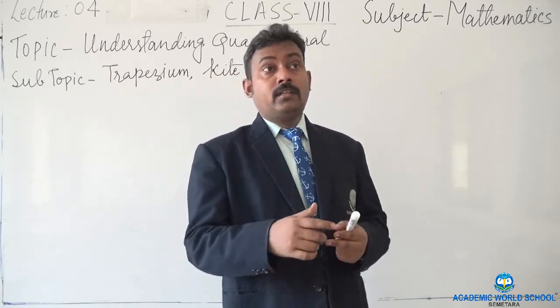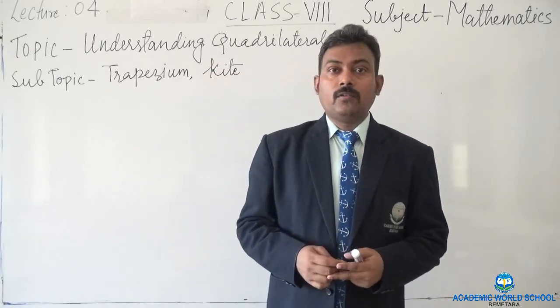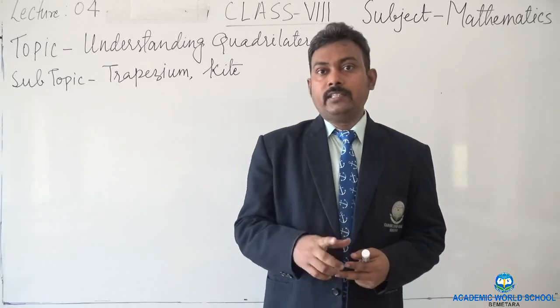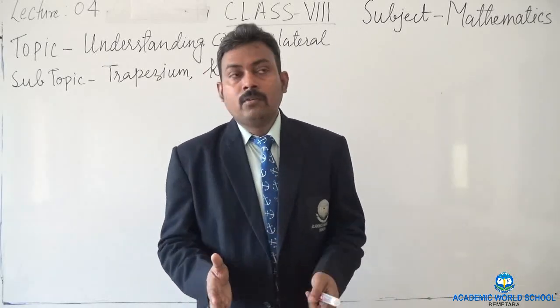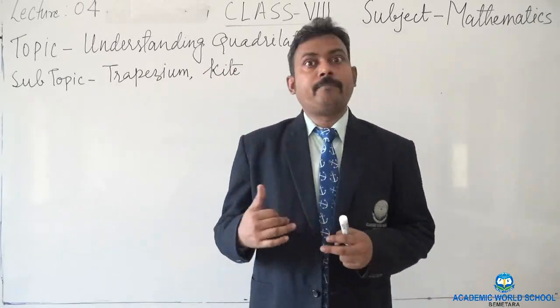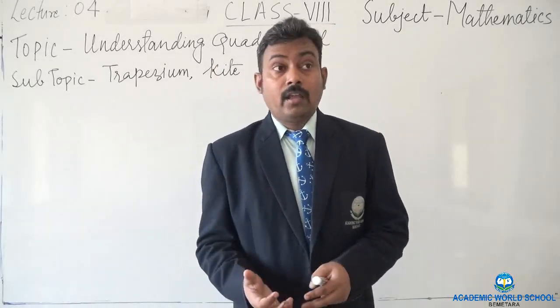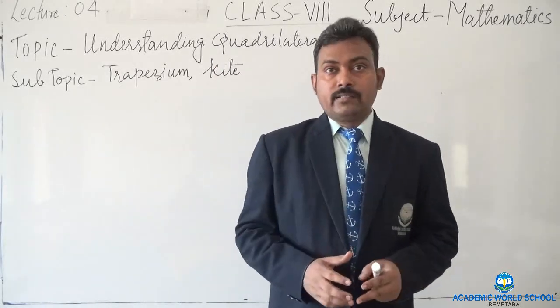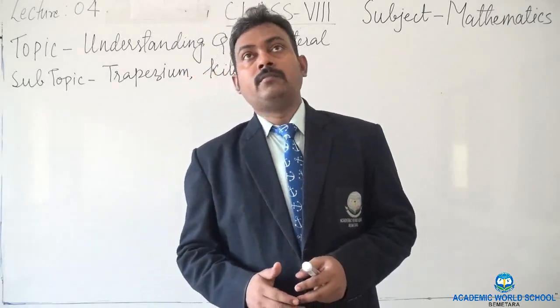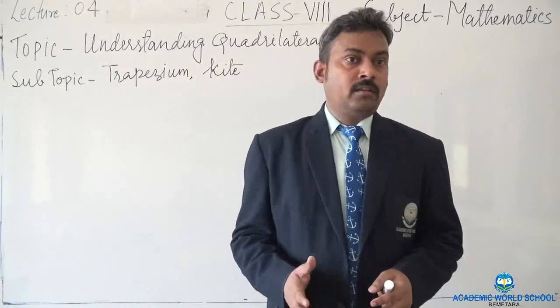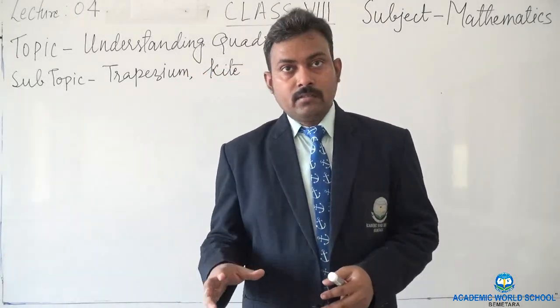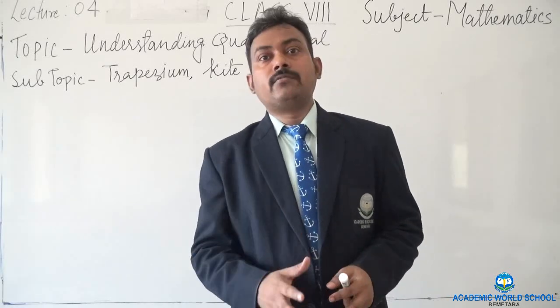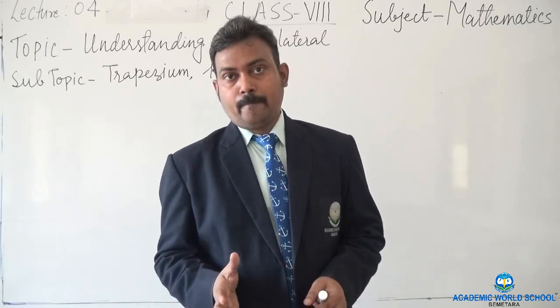A rhombus is such a parallelogram in which all sides are equal. Now there is a difference between a square and a rhombus. In a square, each angle is 90 degrees, but in a rhombus, the measures of the angles would be different.